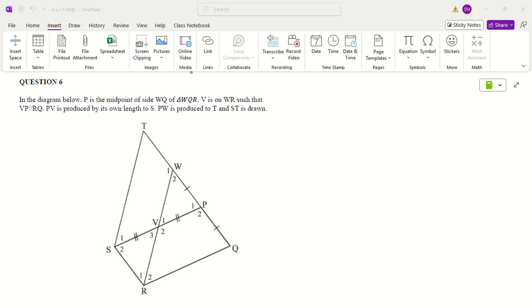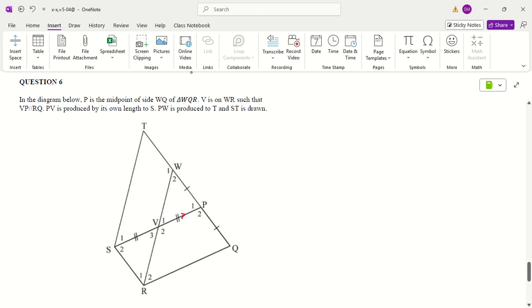Okay, so for question 6, we are given a diagram here, and it says that P is the midpoint of the side WQ, in the triangle WQR, and V is on WR such that VP is parallel to RQ.